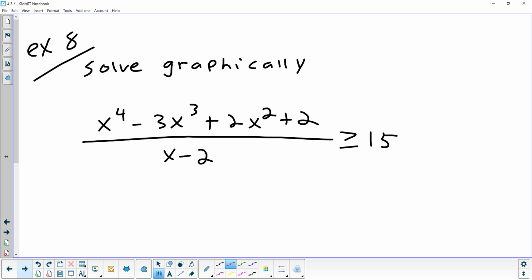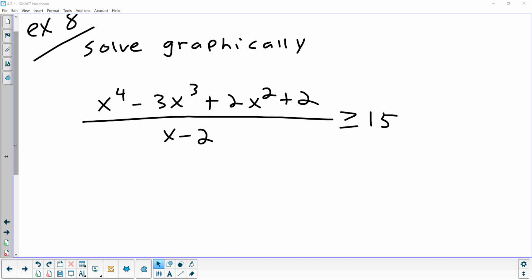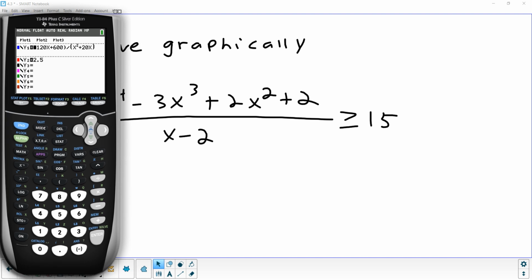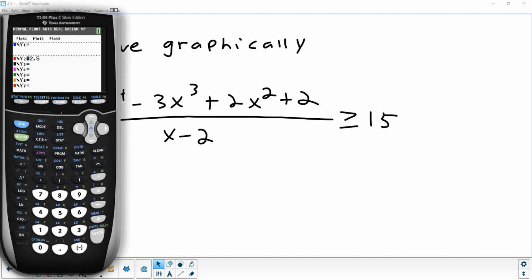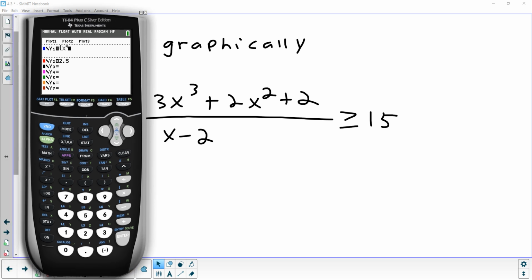Now, if you had something like that, that is not going to be factorable at all. Okay, so let me finish up just by doing this one the way we did the car problem. I'll put what's on the left in y1. Other than being a lot to type in, it's not really that bad.